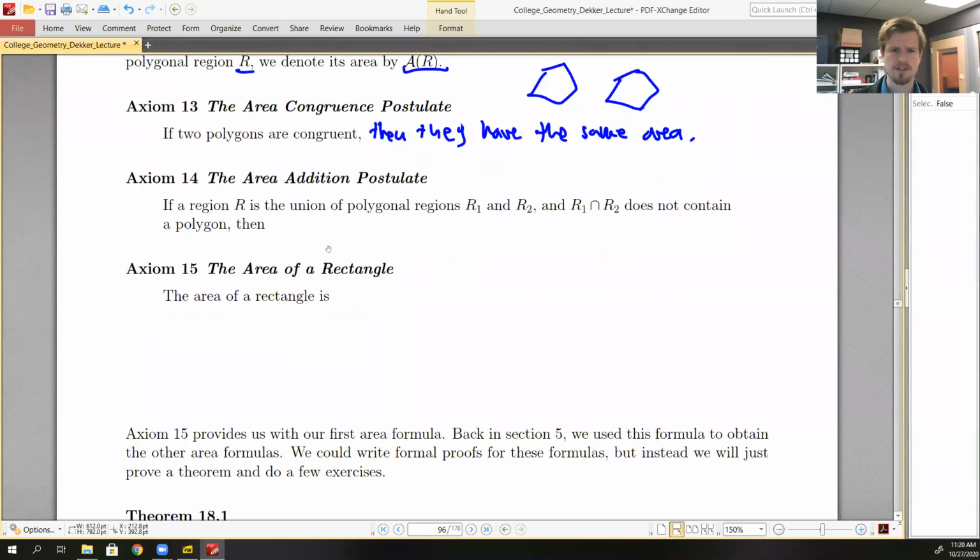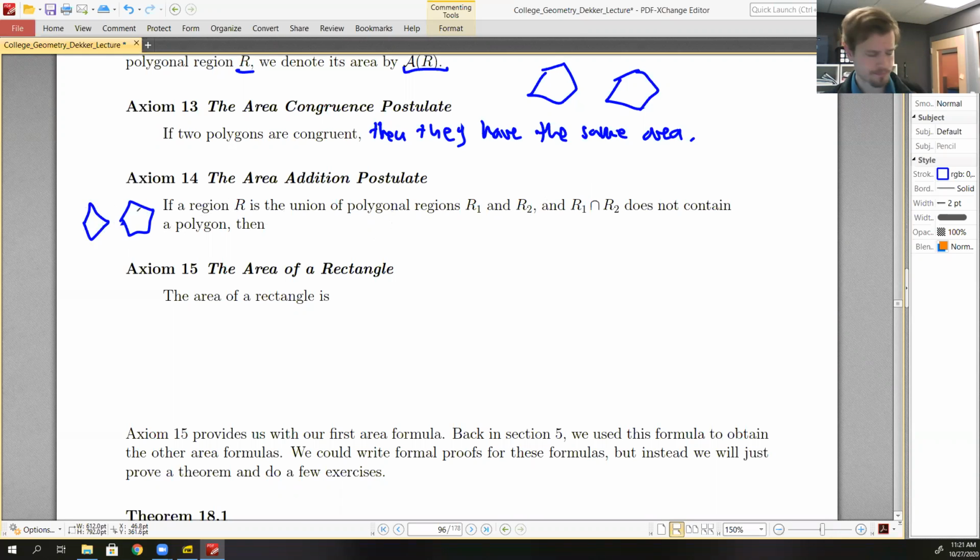If a region R is the union of polygonal regions R1 and R2, and their intersection does not contain a polygon, right? So R isn't a polygon, but R1 and R2 are polygonal regions, then the area of the union is the sum of the areas.